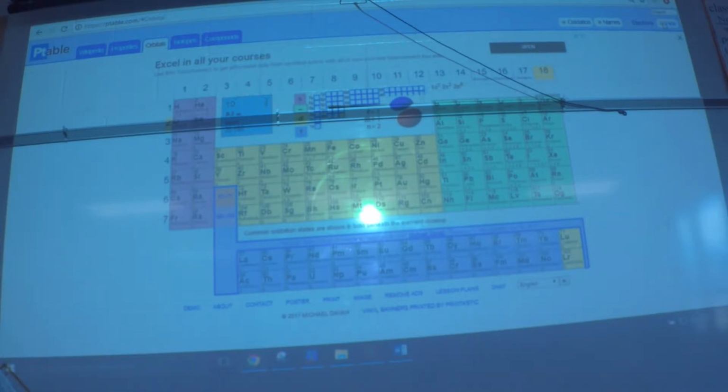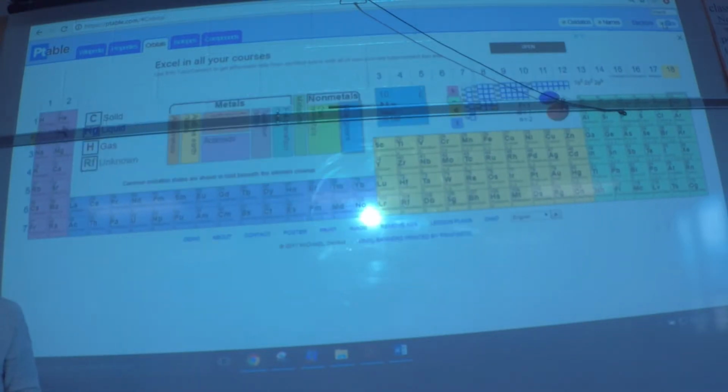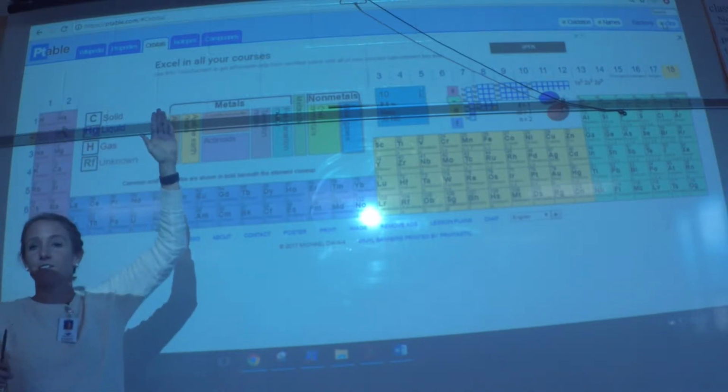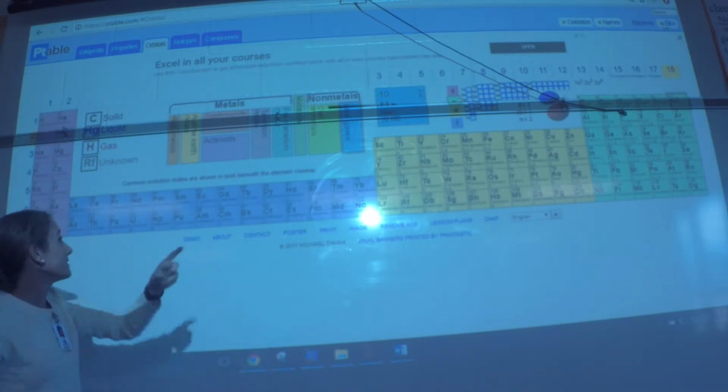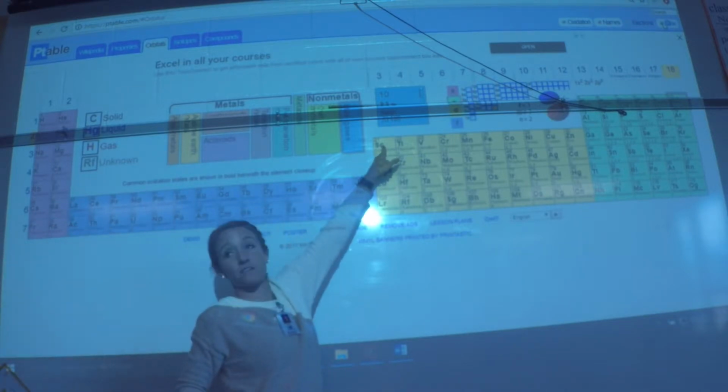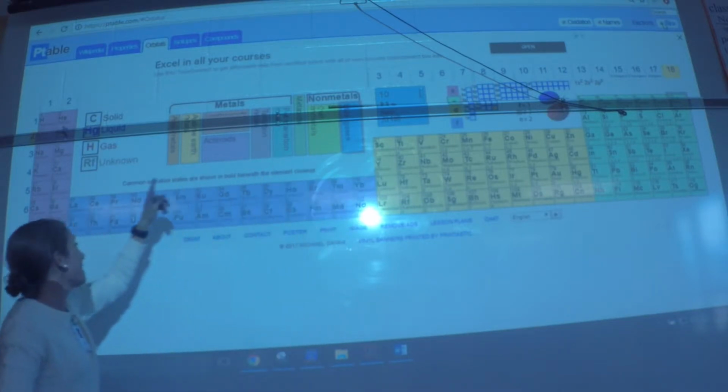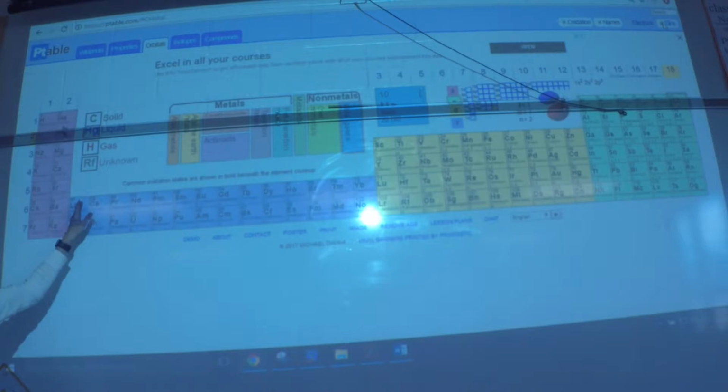Okay, but when we go in order, we need to go in this order because it goes in numerical order. Now, there is a nice pattern. The S's start at 1, the P's start at 2, the D starts with 3, and the F starts with 4.